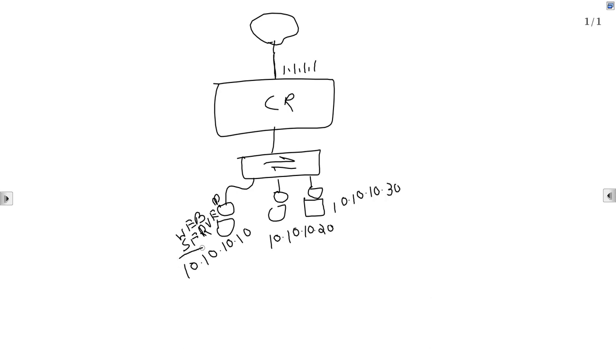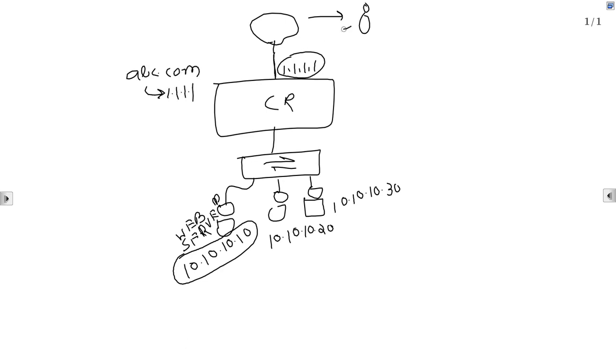My website, which is hosted on a private IP address of 10.10.10.10, is resolving to 1.1.1.1. So whenever anybody from somewhere sitting out here accesses, let's say, abc.com, which resolves to 1.1.1.1, the request comes like this.